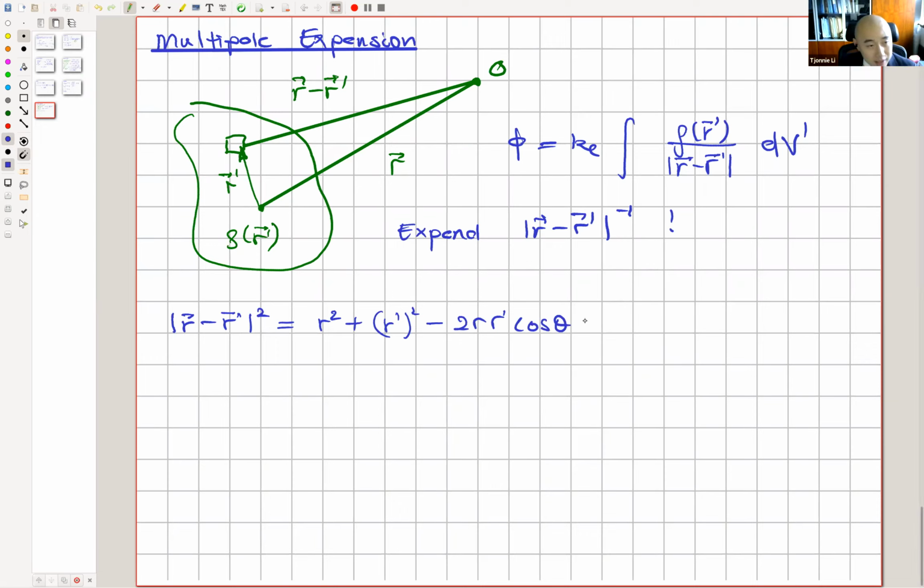In this case, the quantities without an arrow are just the magnitudes. Now if I take r squared out, I get 1 plus r prime over r squared minus 2 r prime over r cosine theta.